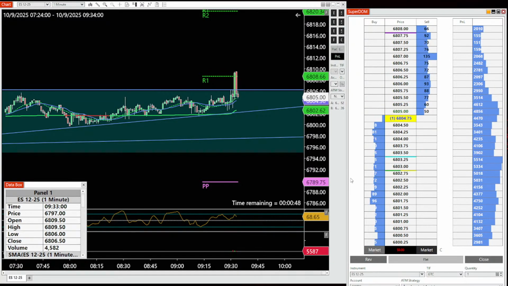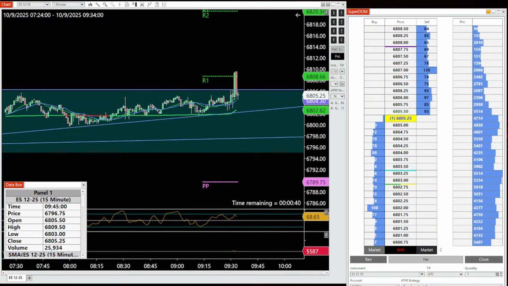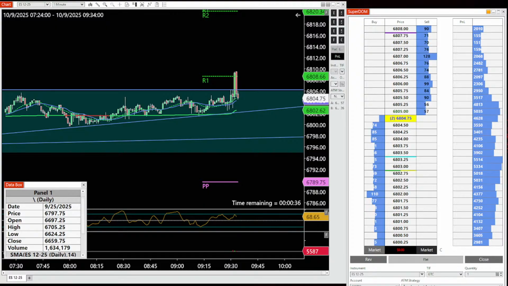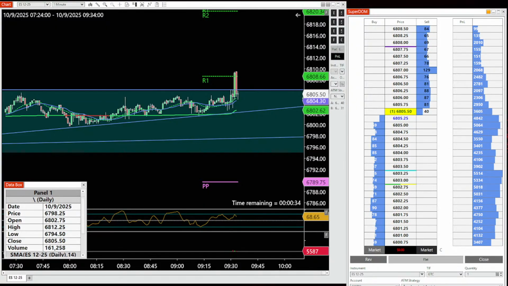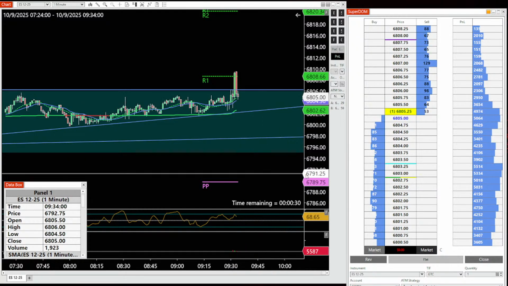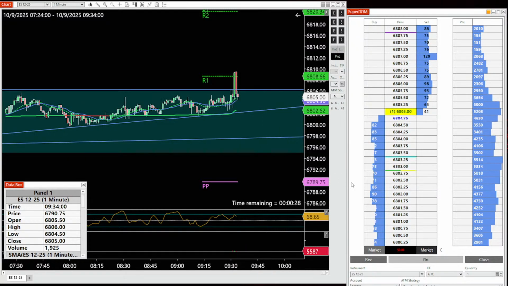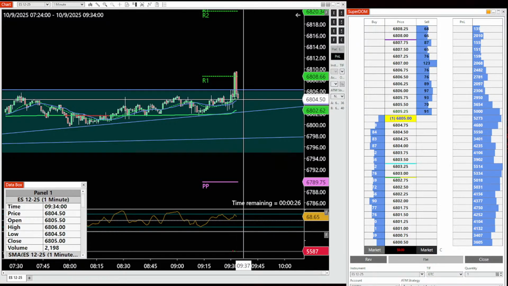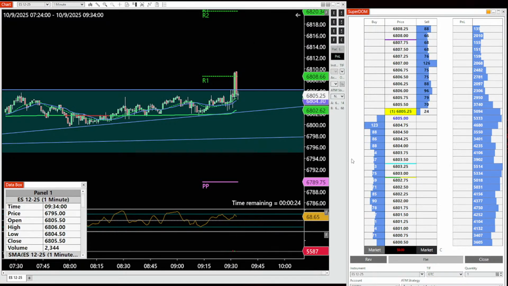Back in that 5 area. Now will that 5 become support? Or maybe, let's see. Breaking the 5.